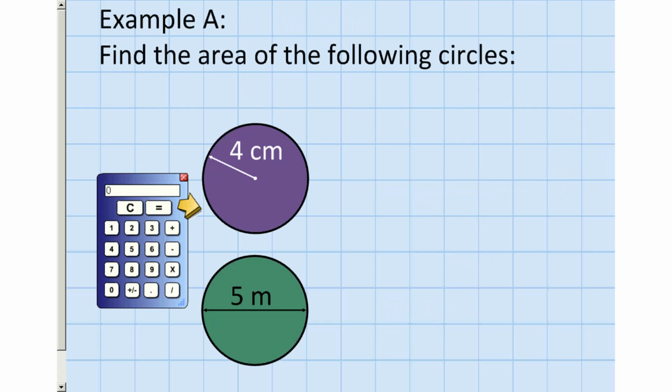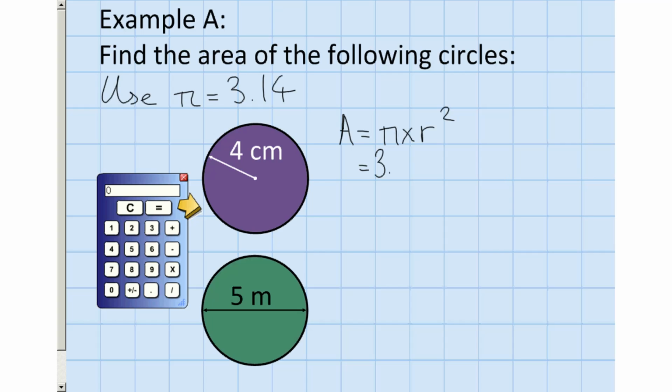So how do we use that formula? Find the area of the following circles. Should really have said there that we're going to use pi equal to 3.14, because we haven't looked at rounding yet. So for the first one, we're given the radius, so the formula area is equal to pi times the radius squared.